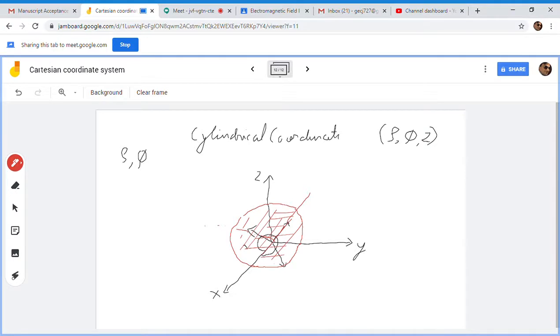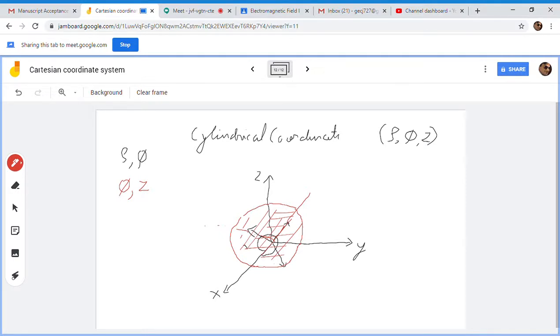Now talk about phi and z. There is no rho, so we are not going to take the inner portion. We will take some rho, let us take rho equal to constant.